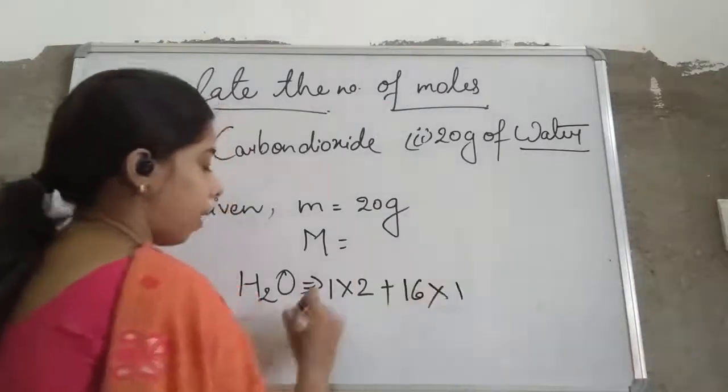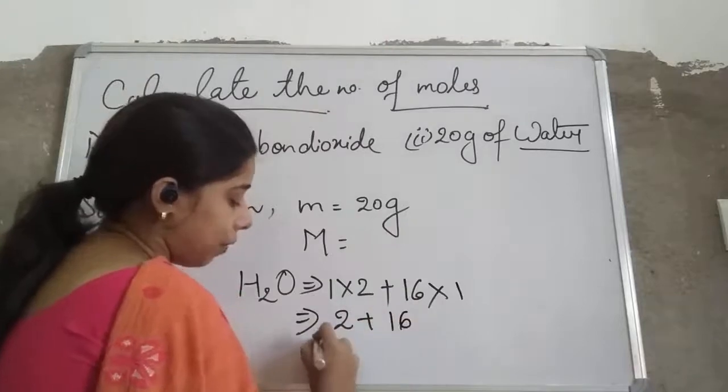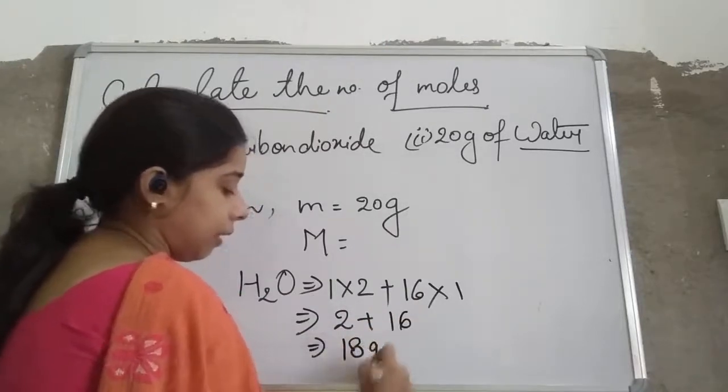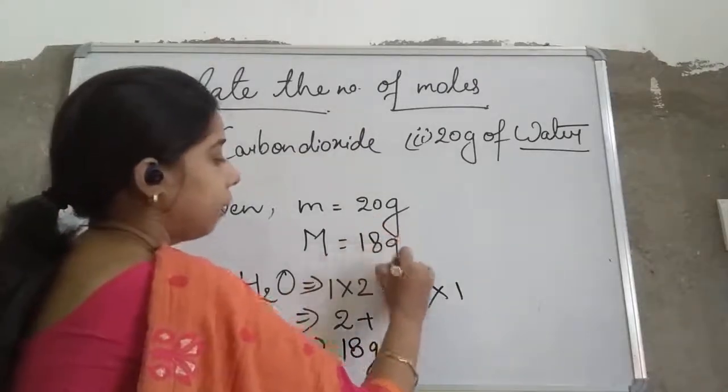So it will be 1. So you see here 2 plus 16, that will be 18 gram. So we'll write here 18 gram.